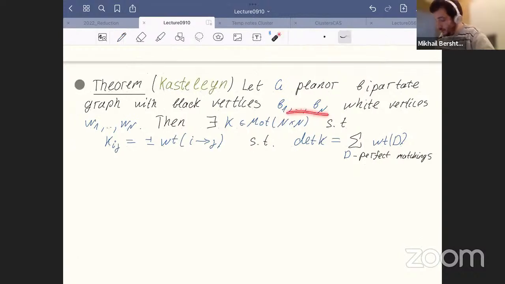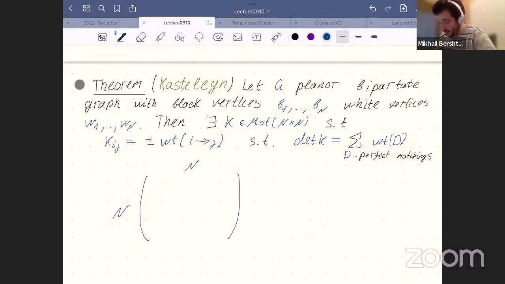So we have n black vertices and n white vertices, and we can construct a matrix of size n times n, such that at the intersection of the i-th row and j-th column we see the weight of the edge from i to j.